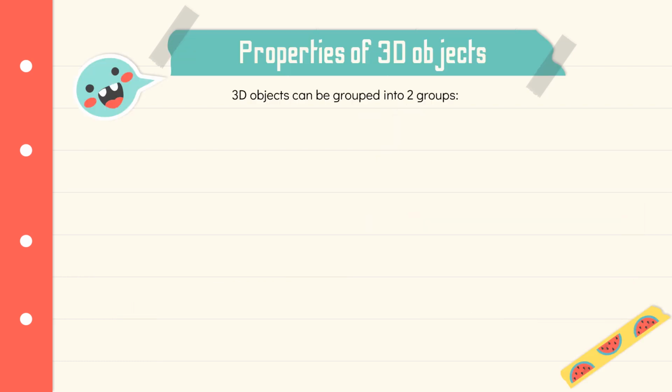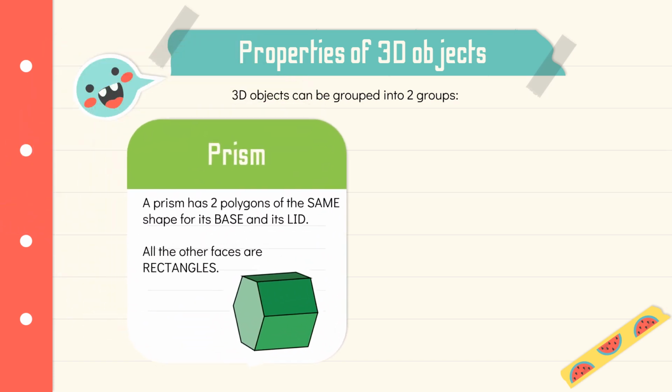When we look at the properties of 3D objects, we can group the 3D objects into 2 groups. The first group is called prisms. Now a prism has 2 polygons of the same shape for its base and its lid. So remember, a prism doesn't always have to sit or stand on the base.